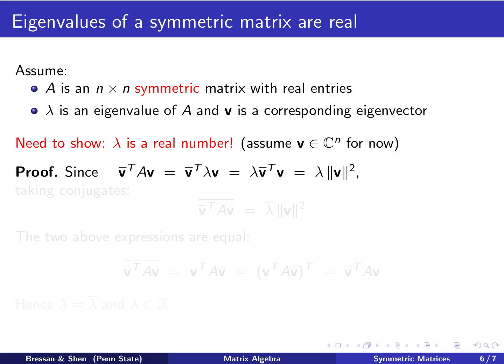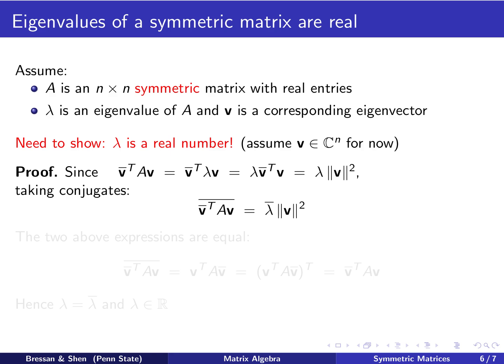We can put that in and we have this expression. Then lambda is a number, so we can move it to the front. So we have lambda times v conjugate transpose times v. And then we know that v conjugate transpose times v is just the norm of v squared, which is a real number.